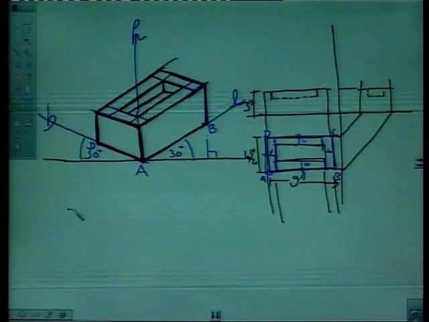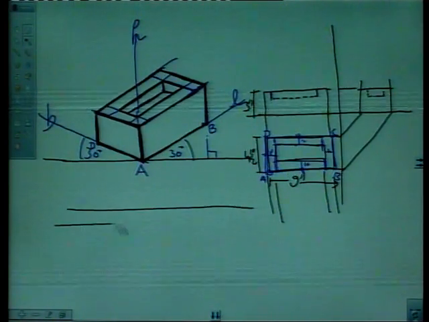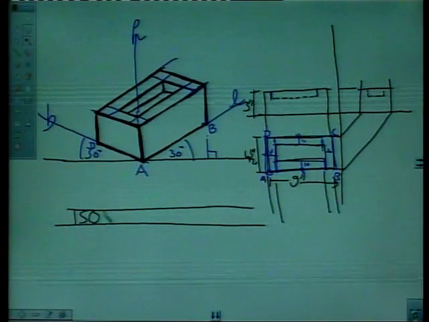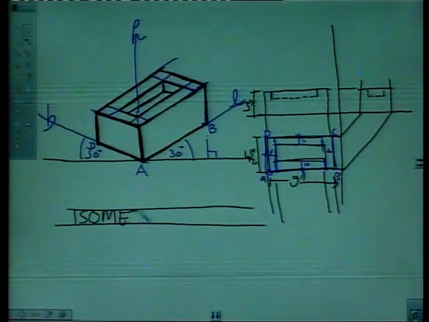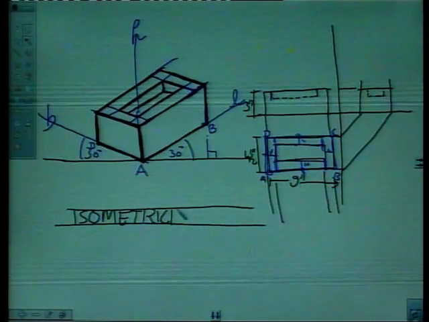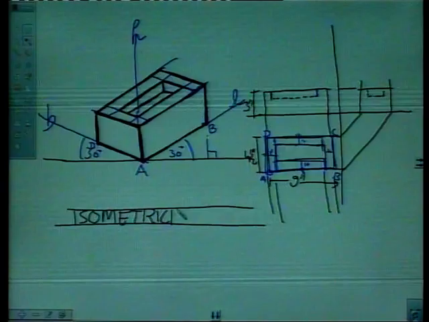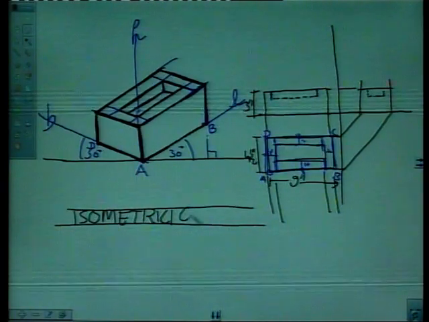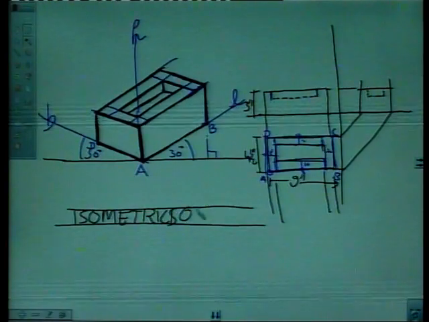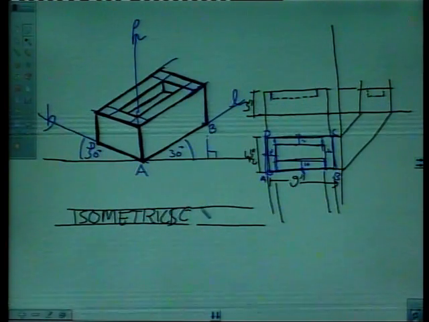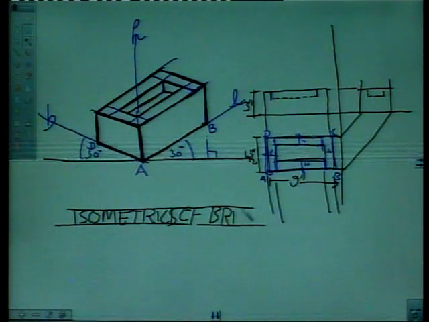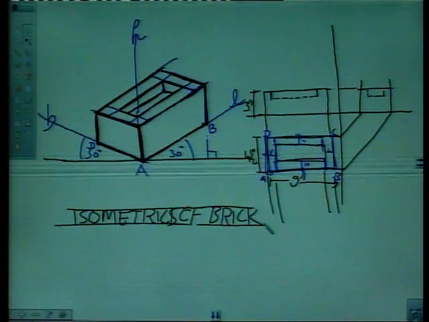We can write here, always give a heading, isometrics of brick, right?